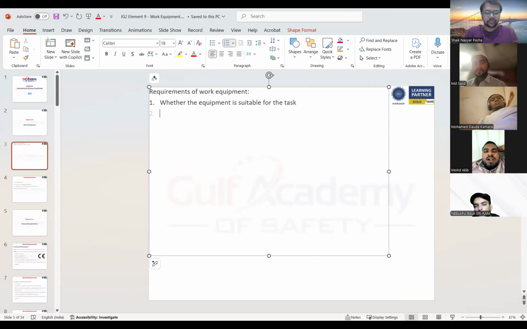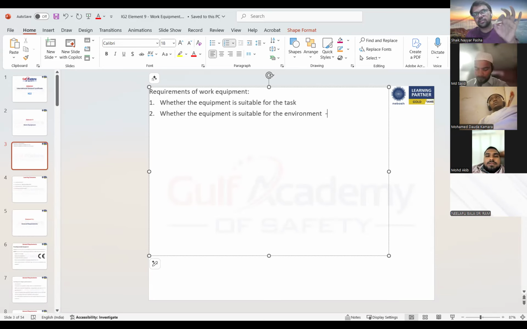And the second thing that you have to check is whether the equipment is suitable for the environment. Particularly, you should consider this for electrical equipment or any equipment that can produce sparks.